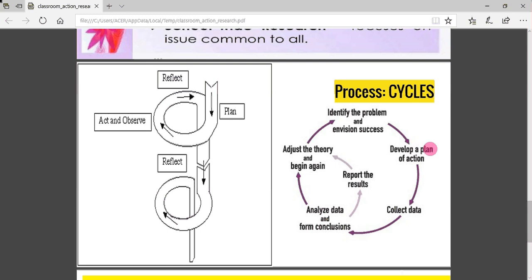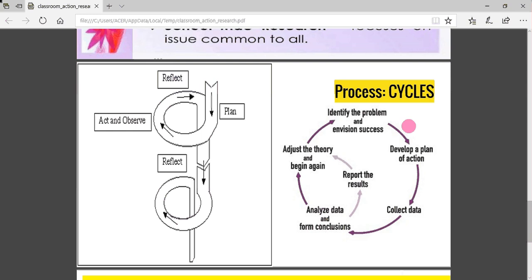When we start our process of investigation, doing our classroom action research, as I mentioned earlier, classroom action research is employed in order to improve the quality of learning and the quality of teaching.